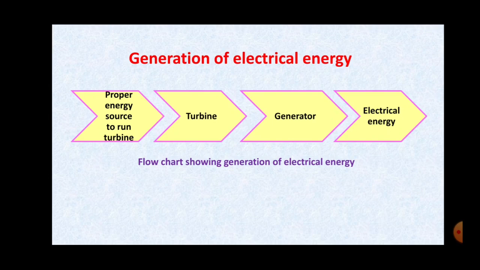That is the first step in the flow chart, and this in turn starts rotating the turbine. The turbine in turn starts moving the generator, and at the end the electrical energy is generated. So this is in general the generation of electrical energy.